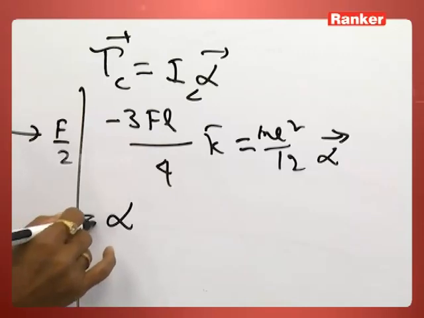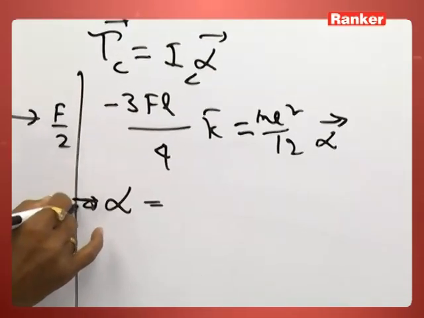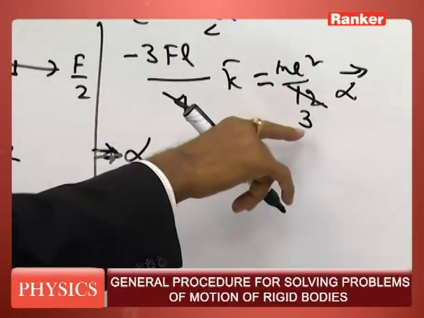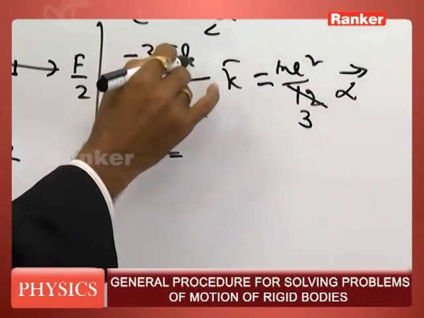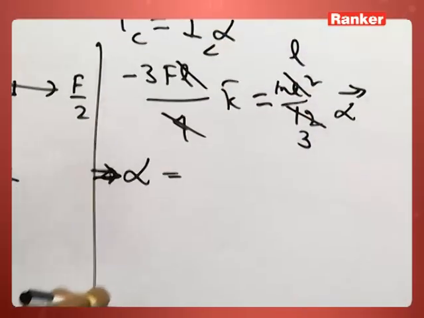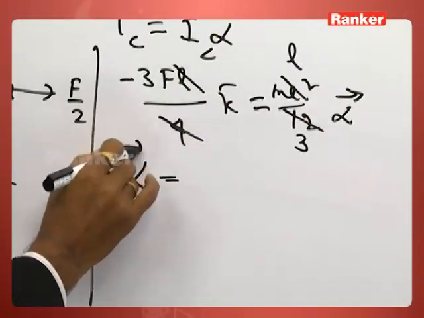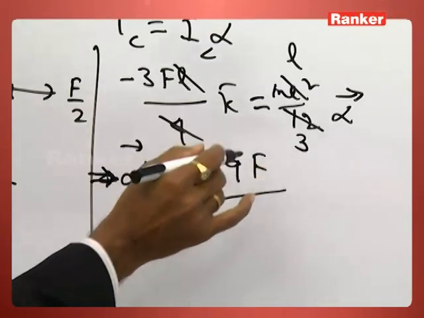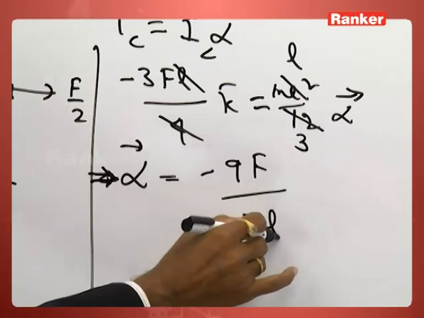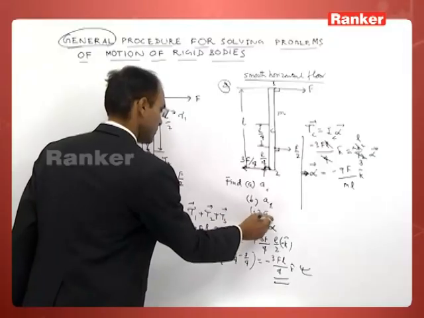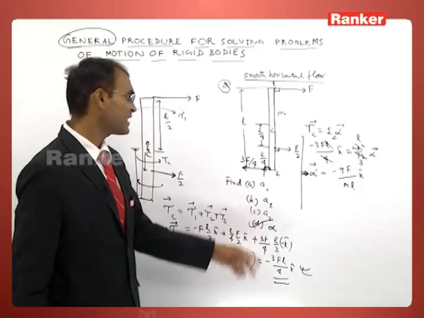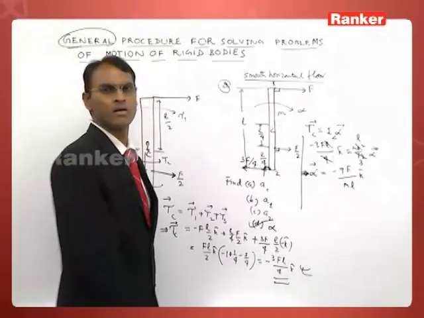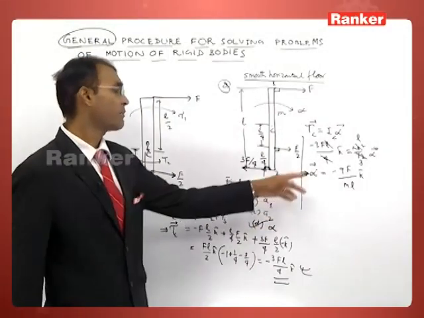This gives us alpha, where the 4 cancels with the 12 giving 3, and one L cancels. So alpha is equal to minus 9F by ML k cap. So the angular acceleration is clockwise, or in the minus k cap direction.